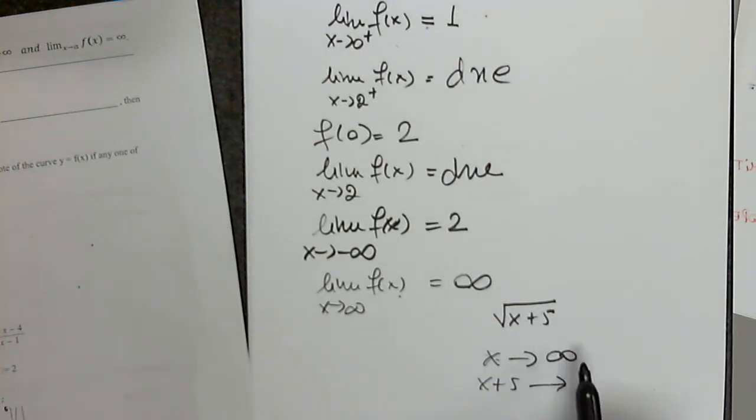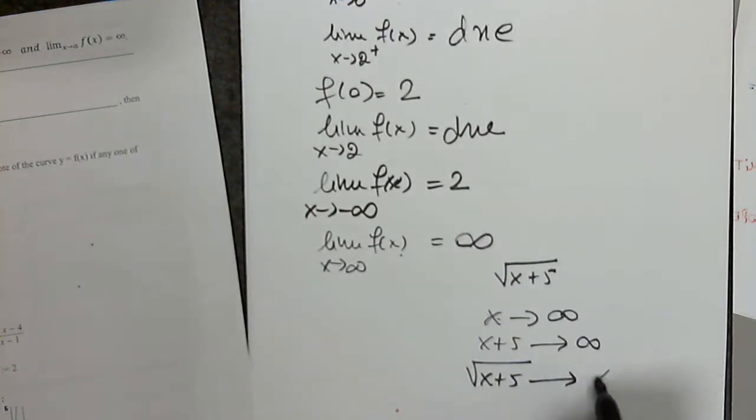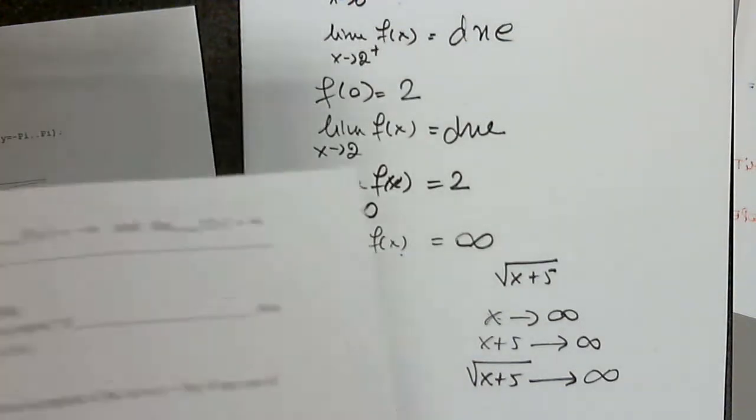If x approaches infinity, what will x plus 5 approach? Of course. And then what will the square root of x plus 5 approach then? Of course. Very good. Moving on.